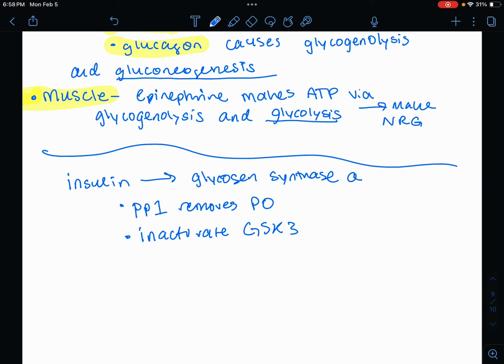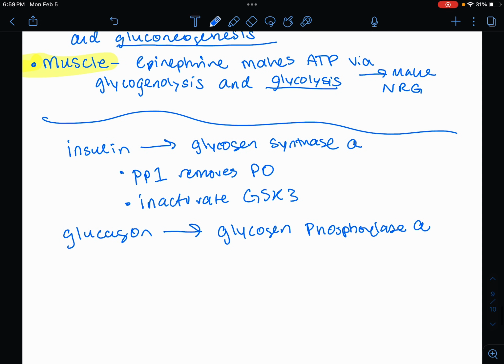Okay, also in the liver we have glucagon. Remember, glucose is gone. Glucagon. Okay, glucagon will stimulate glycogen breakdown. So this is going to be affecting glycogen phosphorylase A. It's going to turn it to the active form.